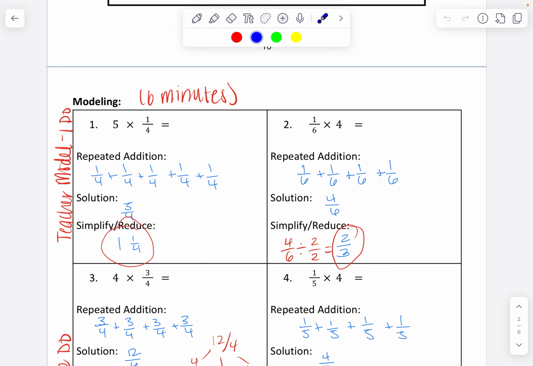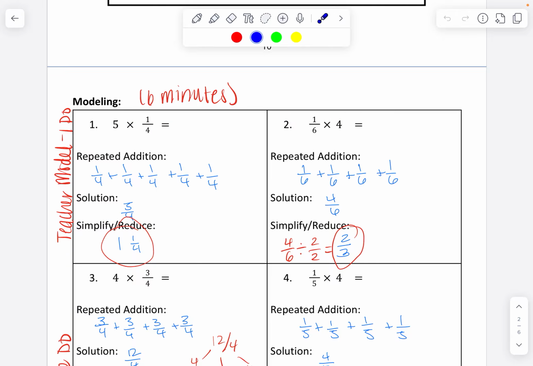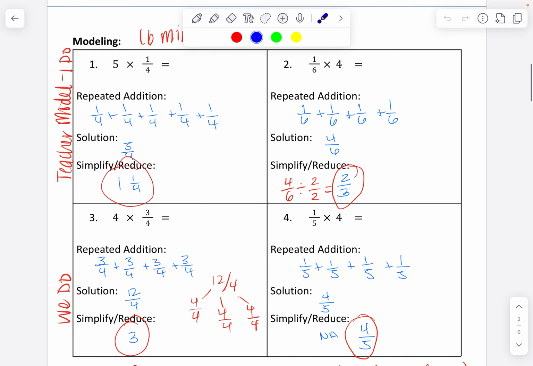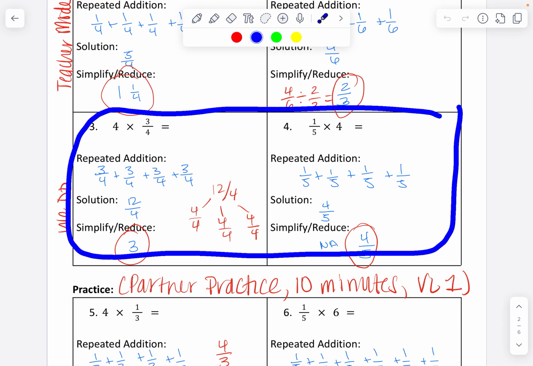In your model, you might want to say, all right, let me see what solution you guys get. Give them about 3 minutes to work on questions 1 and 2. And then say, let me remind you how to simplify before jumping into some we do activities.